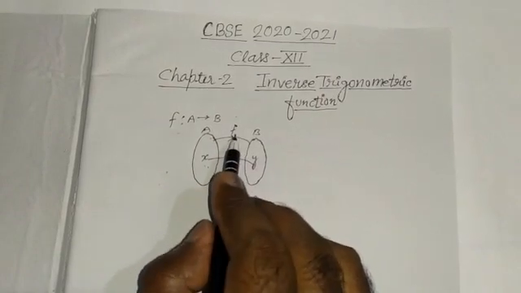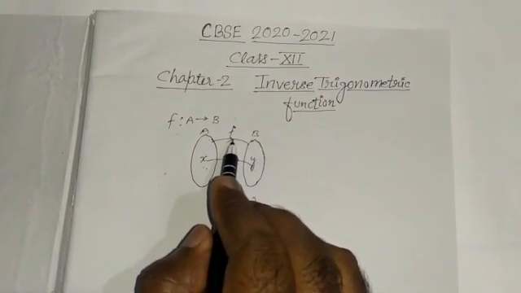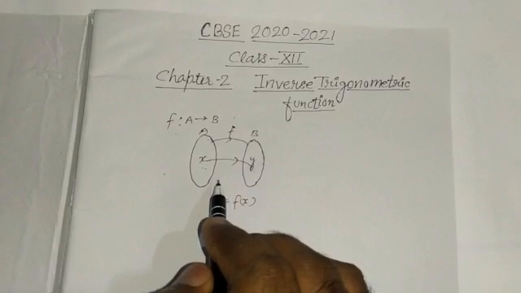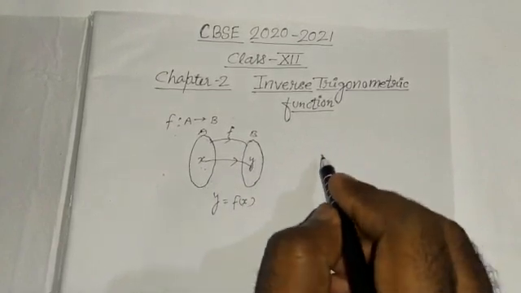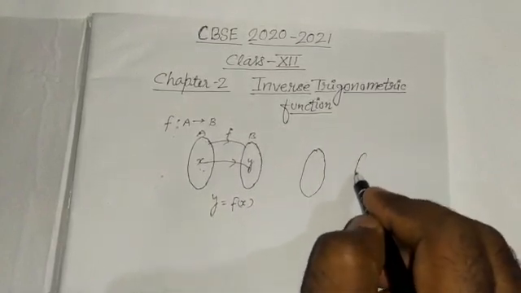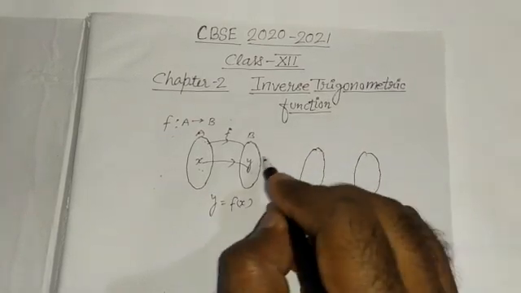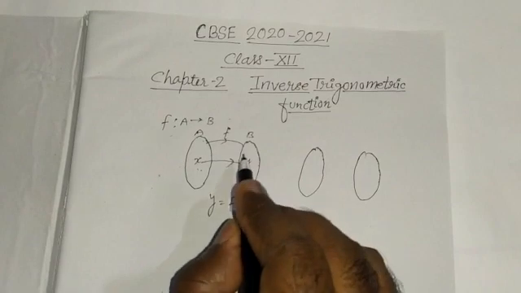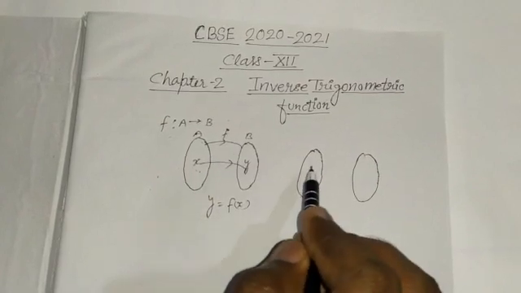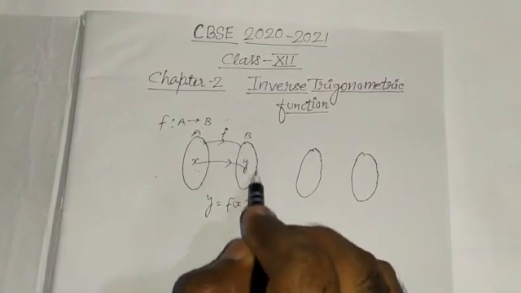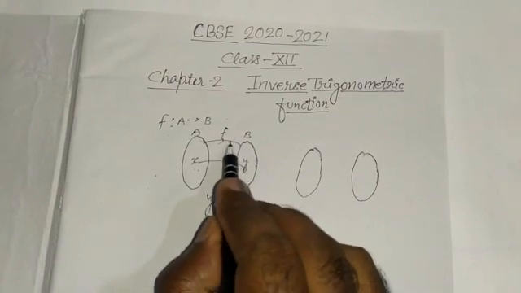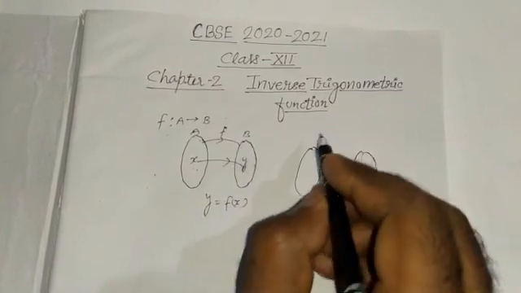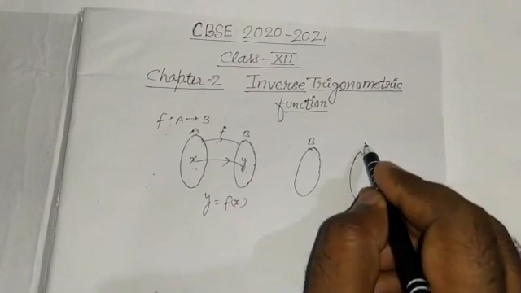Suppose this function f is one-one and onto, meaning a bijective function. If any function is bijective, then its inverse will exist. So we can find the inverse of this function. To find the inverse of a function, first the domain of the inverse function will be the range of the first function. Here the range of the function is the set B. Suppose set B is here and set A is here.